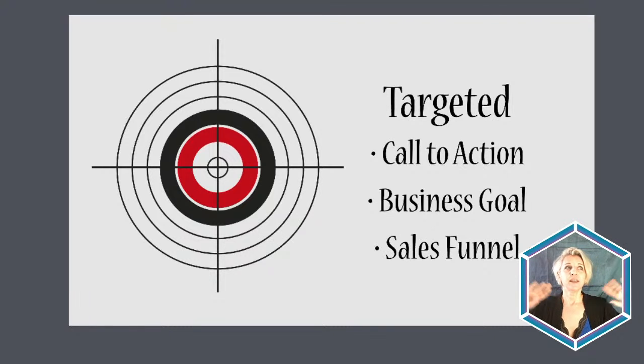So take that transformation and the purpose of the content, and then weave into it your specific business goals and your specific sales funnel. If you're a beginner, your content may be all about creating awareness of what the problem is and what your solution is.